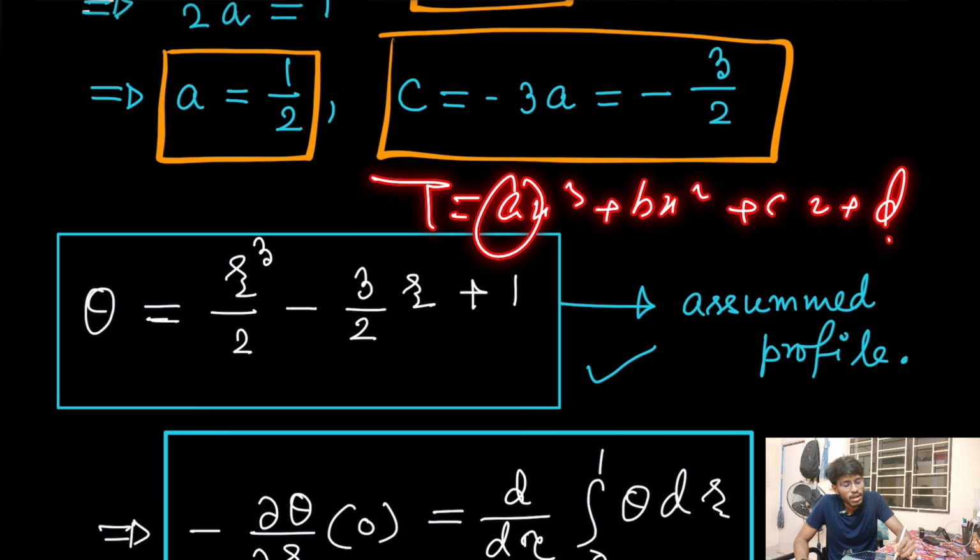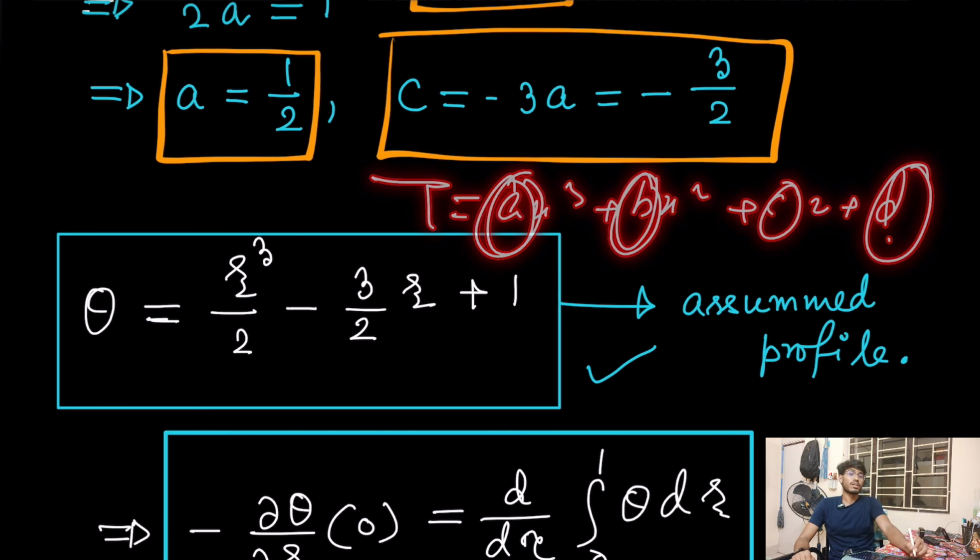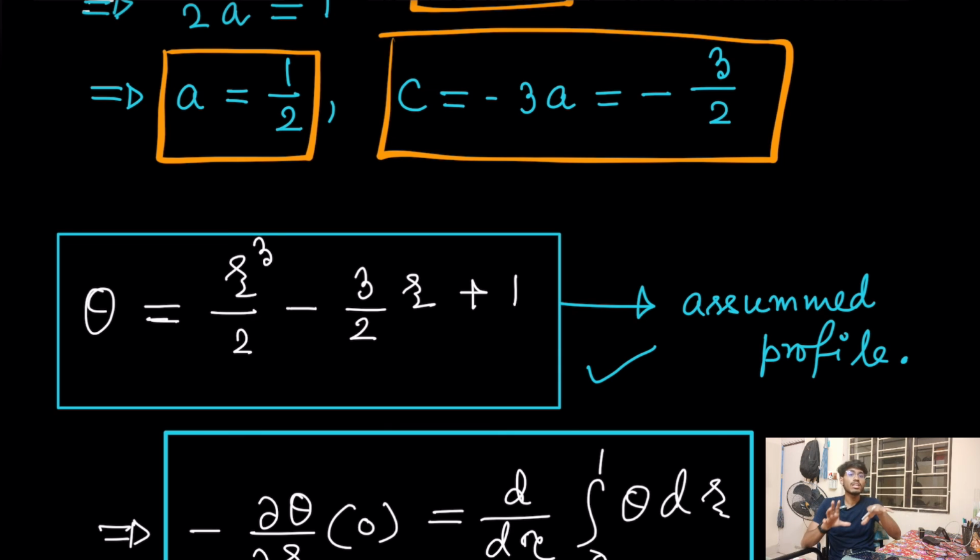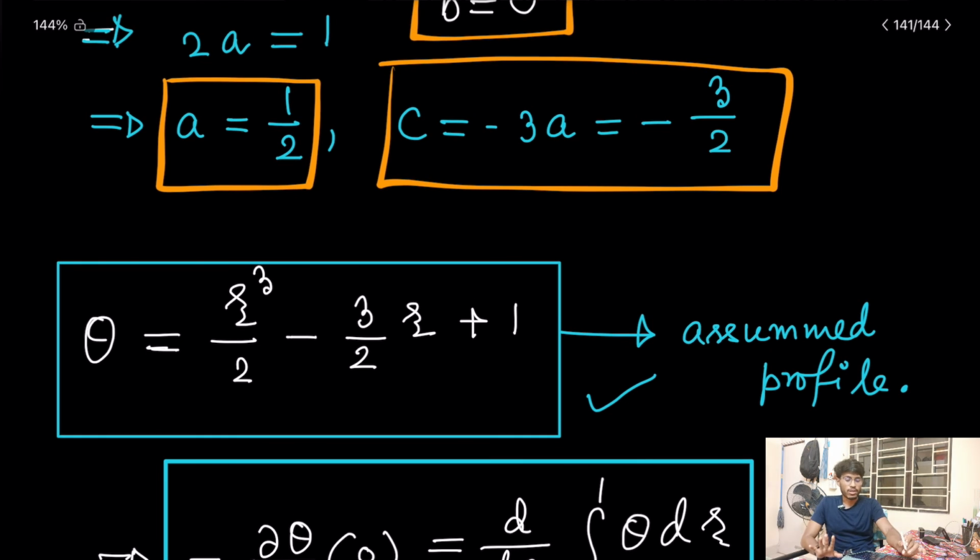But then finding this a, b, c, d will be a bit difficult, because they will not only be functions of some numbers, but also of delta. Then you will get a as 1 by 2 delta cube, c as minus 3 by 2 delta, d as plus 1.